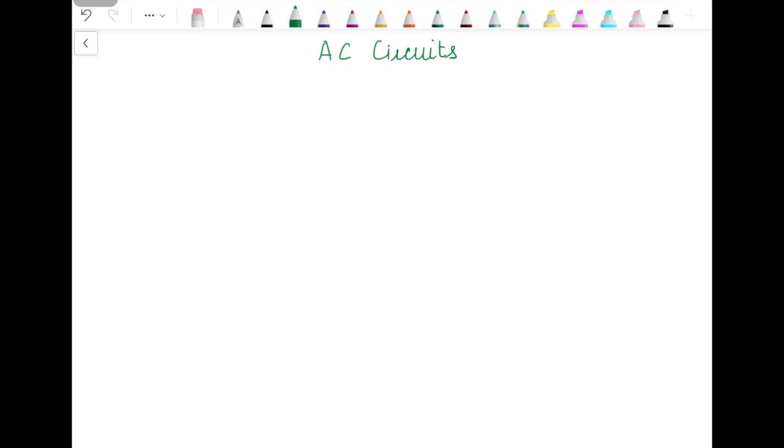Now, the first thing which we need to understand in AC circuits is that the current or voltage actually vary alternatively.